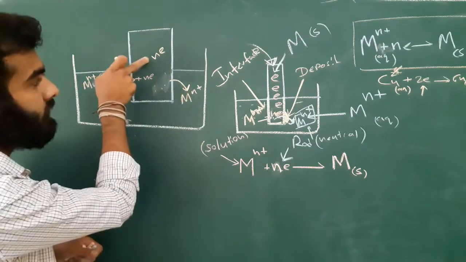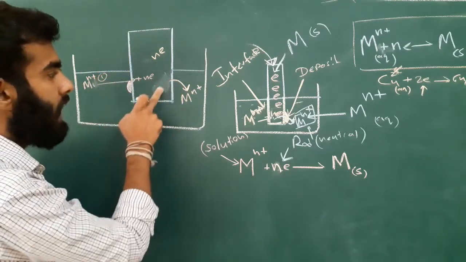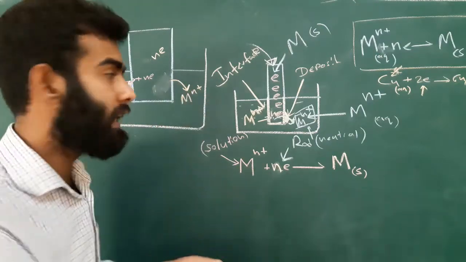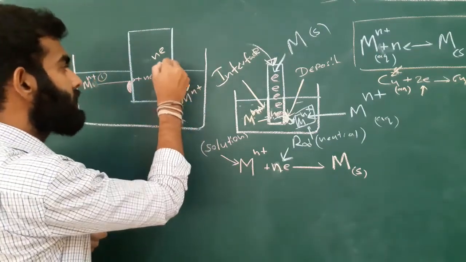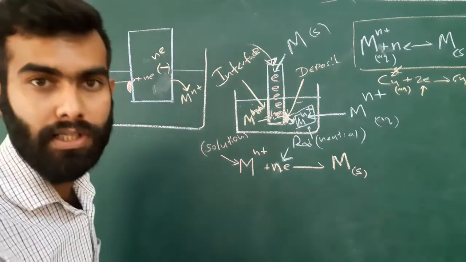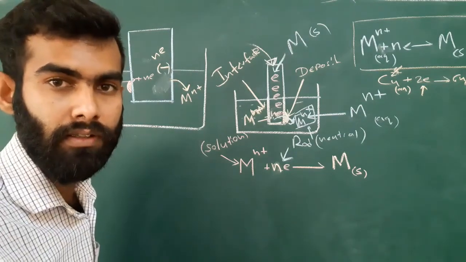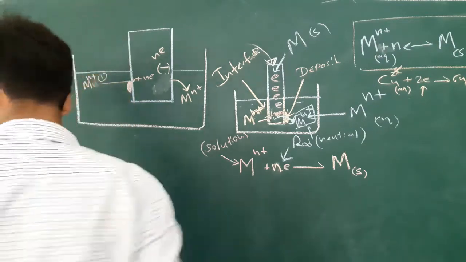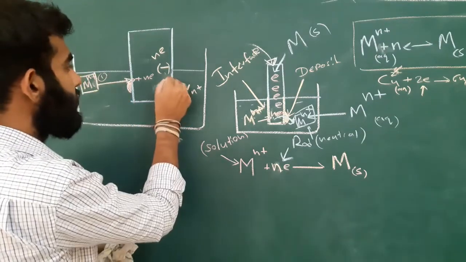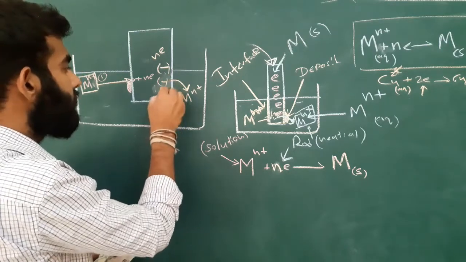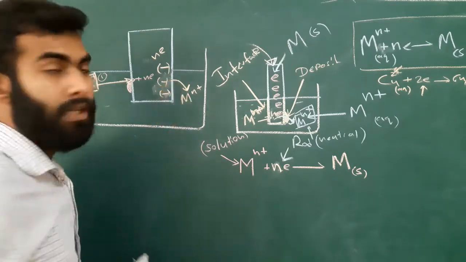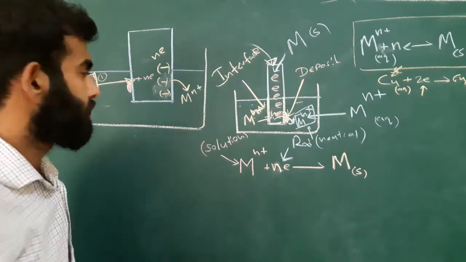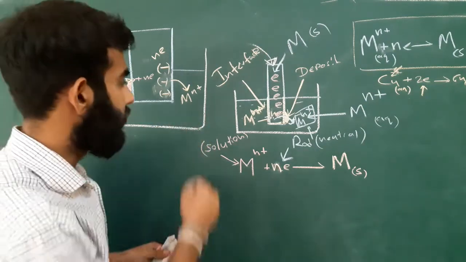To neutralize these electrons, there is no sufficient amount of cations because now it has come out. Negative charge will develop on this metal rod compared to this solution. So that's the second thing.